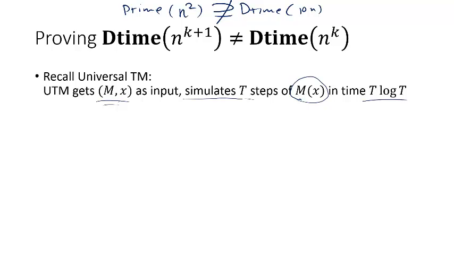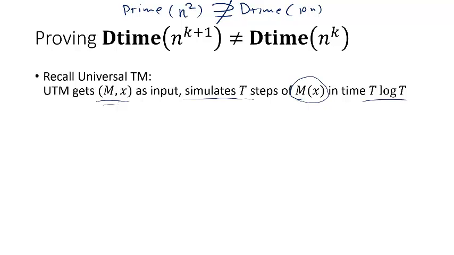So I want to construct a language. Keep in mind the basic implication of this theorem: there exists a language that we can solve in n squared time, but we cannot solve in linear time.